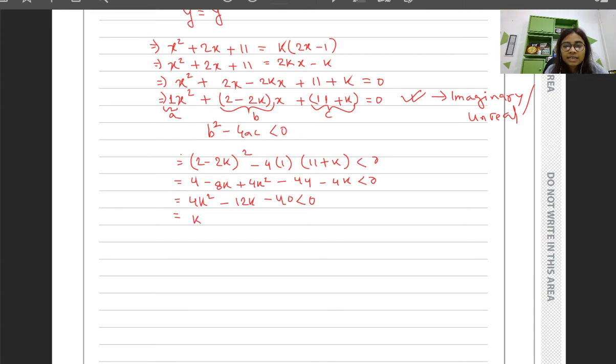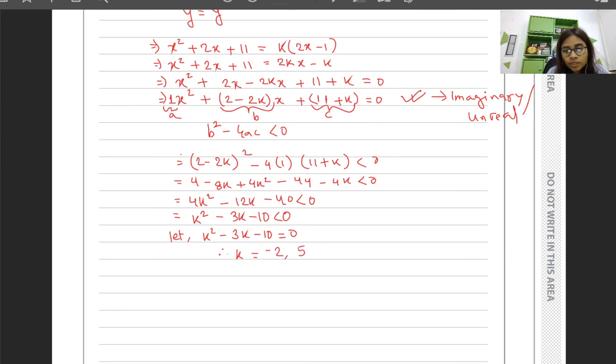So we get k² - 3k - 10 < 0. In order to find the set of values of k, first we will find the critical values of this inequality. So let k² - 3k - 10 = 0. From here we find the values of k to be -2 and 5.